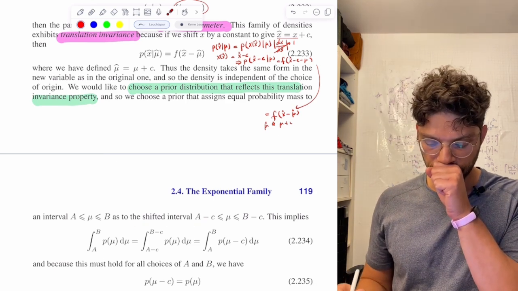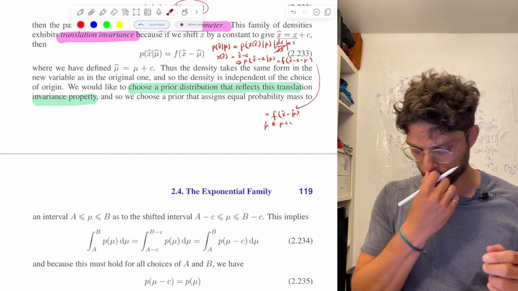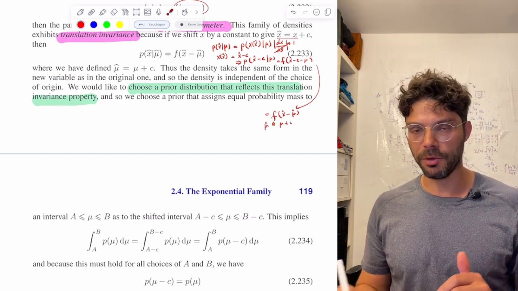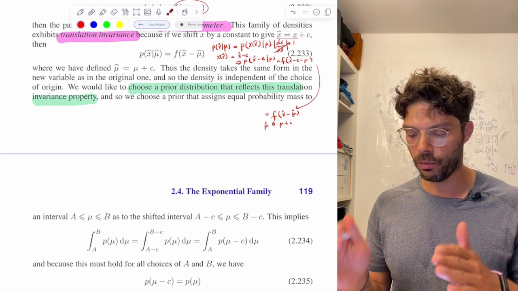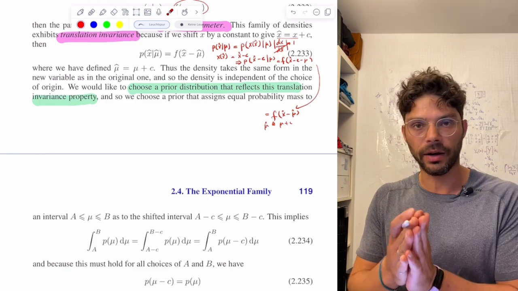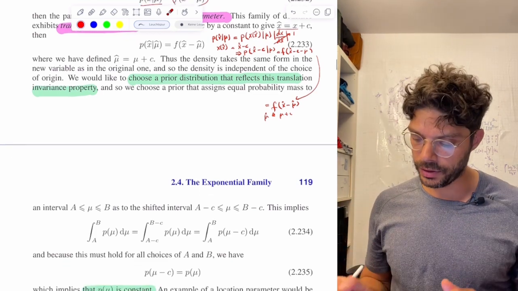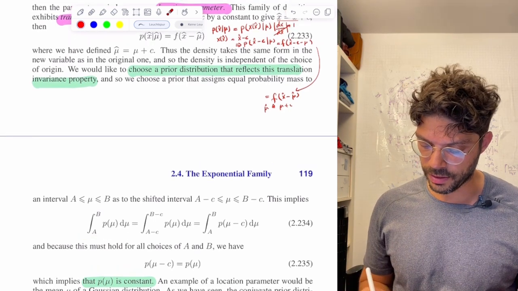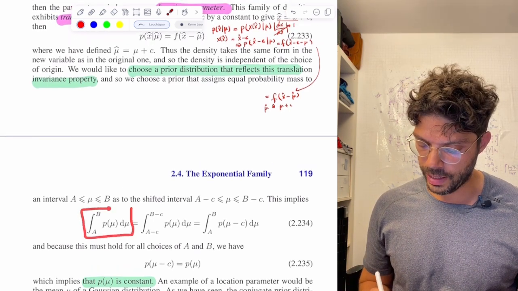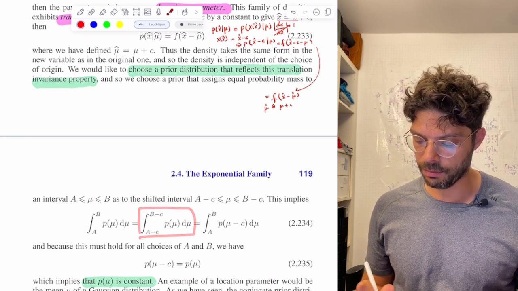If the probabilities were different, then that would be reflected in the posterior, and that would be due strictly to the prior. So we don't want that. We want the prior to be invariant to this shifting, just like the likelihood is. What we want is that the probability mass between a and b is the same as the probability mass between a minus c and b minus c.